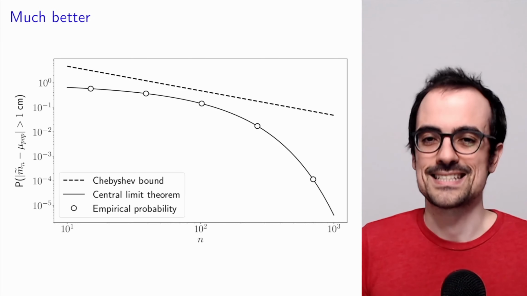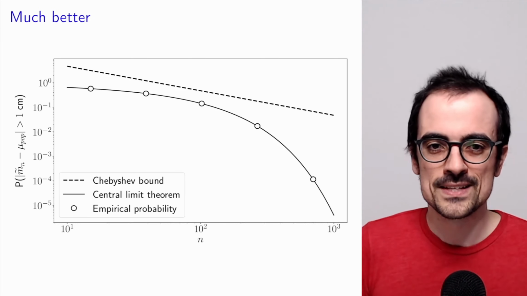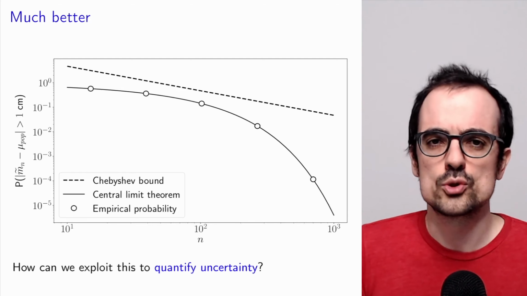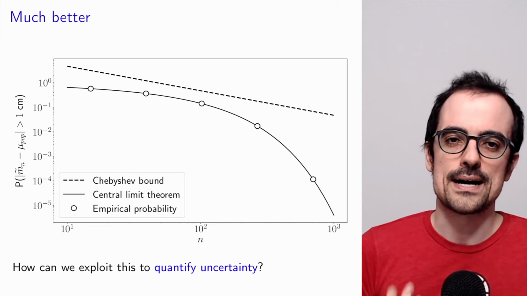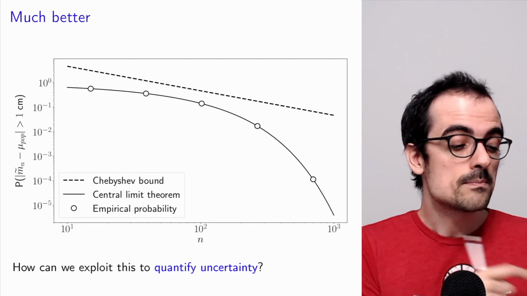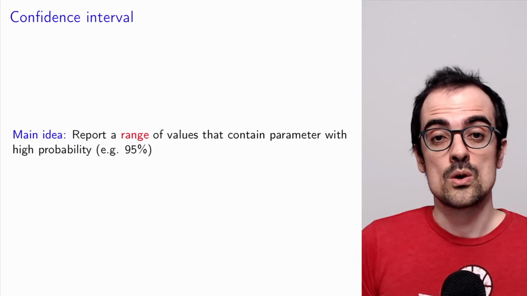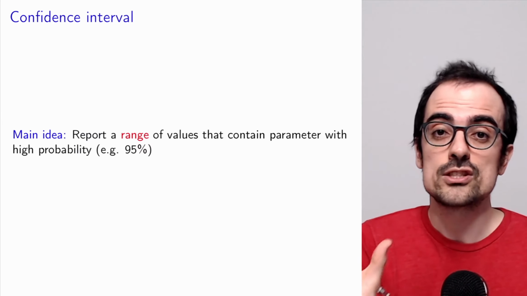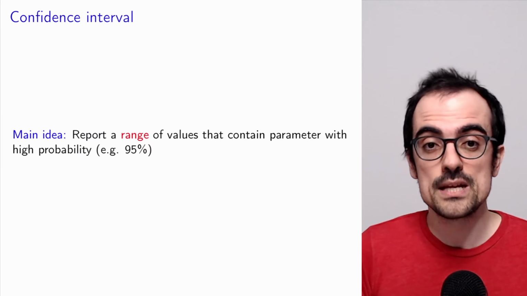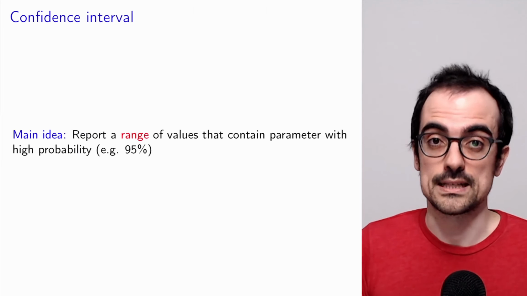And the approximation is amazing. But now the question is, how can we exploit this to quantify uncertainty about our estimator of interest? The way we can do this is by building confidence intervals, where the idea is to report a range of values that contain the parameter of interest, in our case the population mean, with high probability, for example 95%.